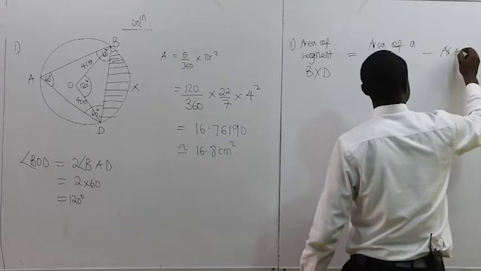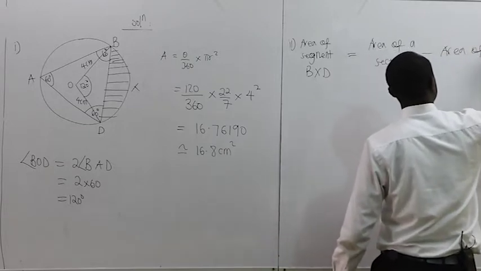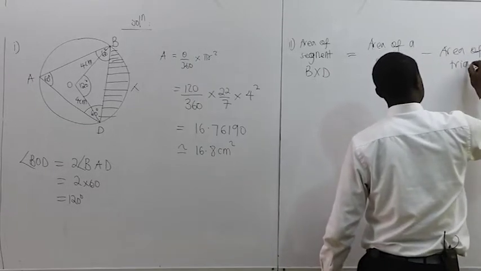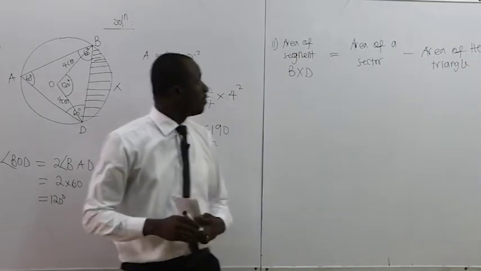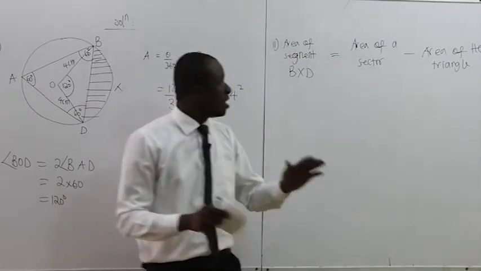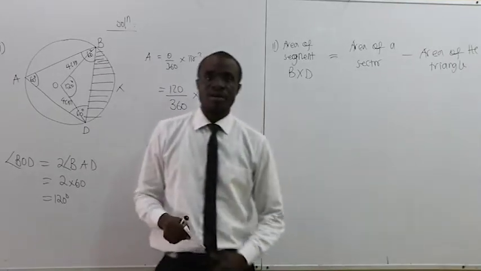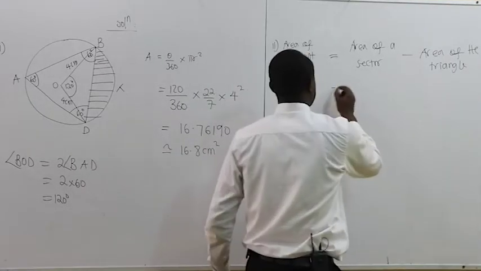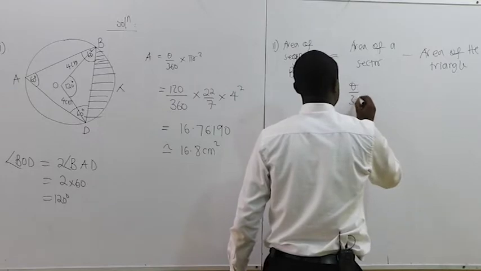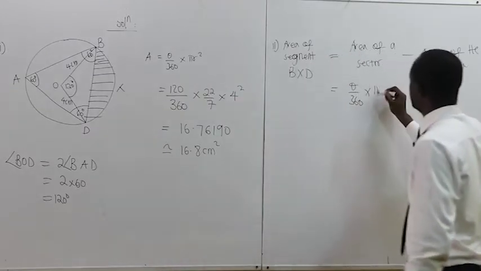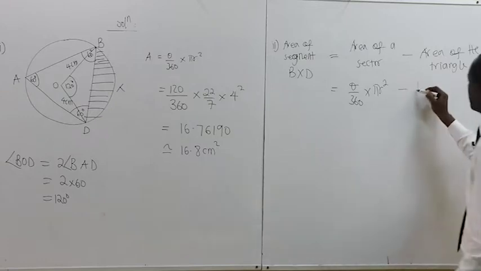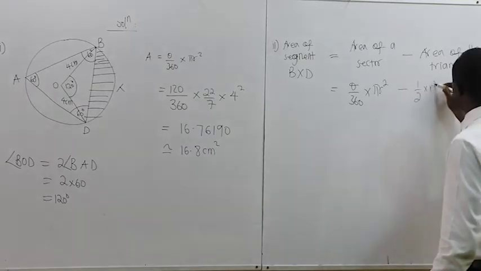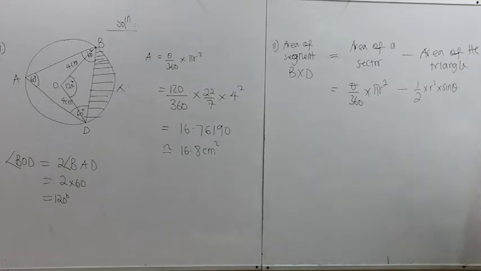Area of sector minus area of triangle. Now area of sector is theta over 360 times pi r squared. Area of triangle is half r squared sine theta. That's the area of segment BXD.